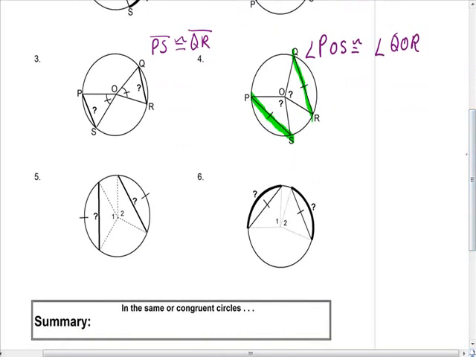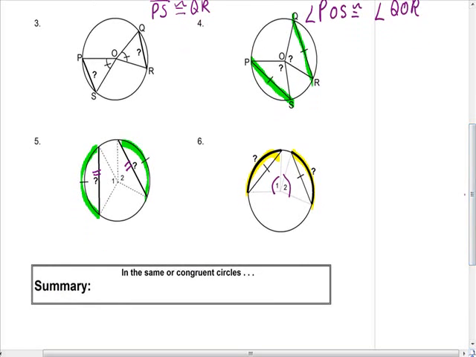And lastly, if you have two arcs with the same measure, then the intercepted chords would also be congruent. And if you have two chords that are congruent, then the arcs are congruent, and the angles are congruent. They all lead to each other.